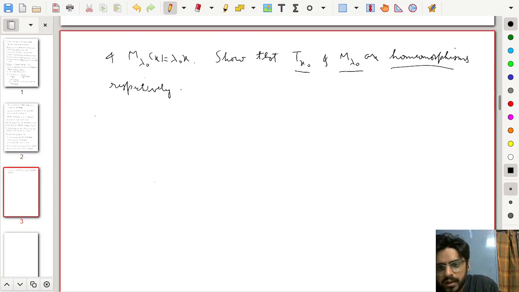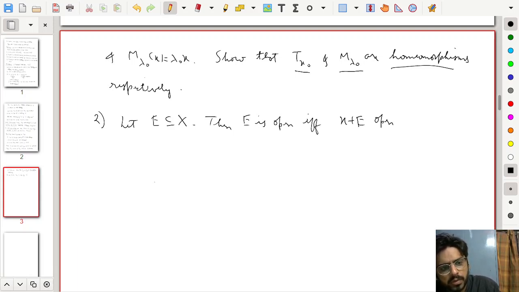The second exercise that I want you to show is, let E be a subset of X, then E is open if and only if x plus E is open for every x in X. This is also simple. It actually follows from the first exercise.